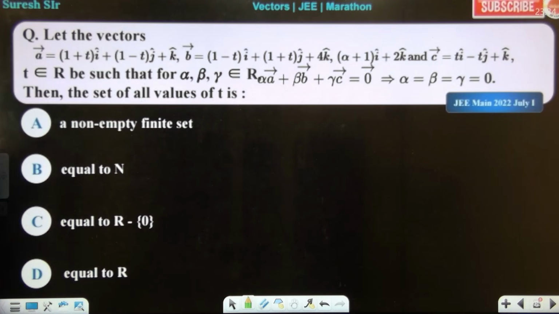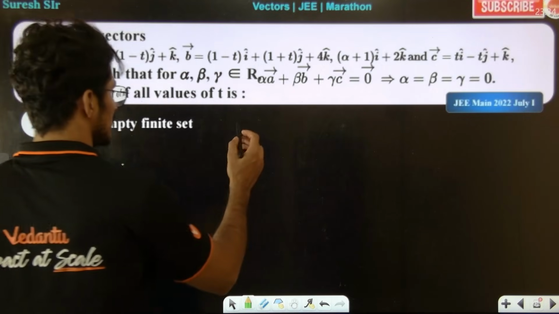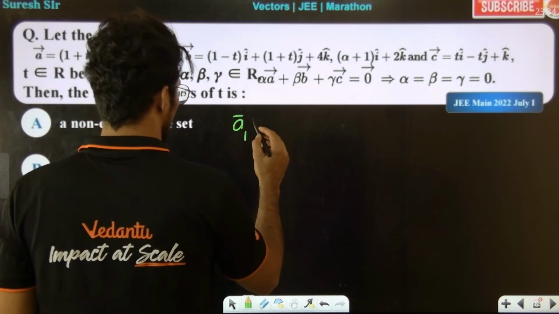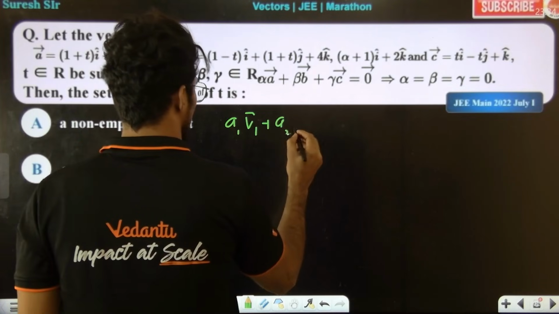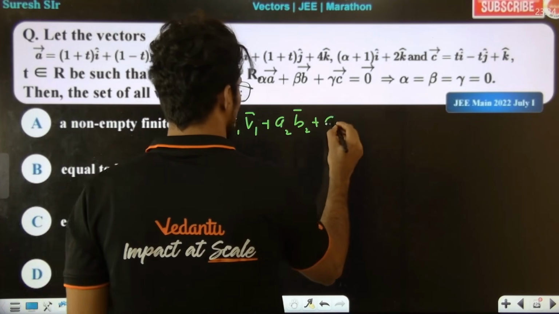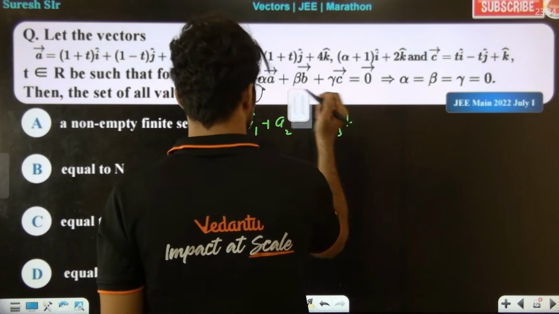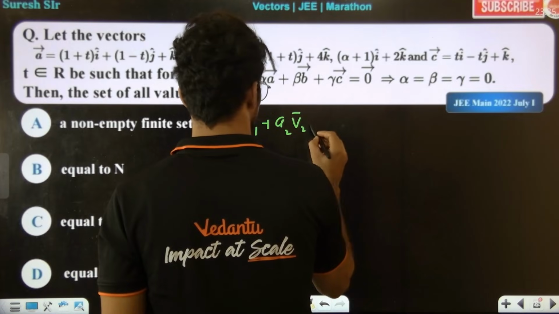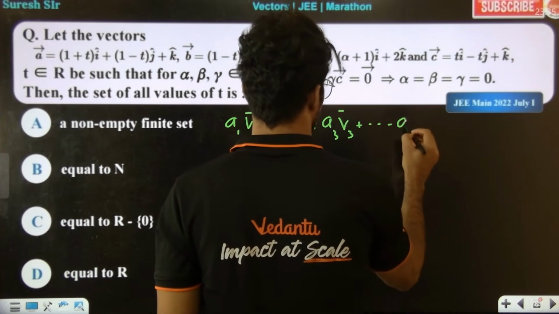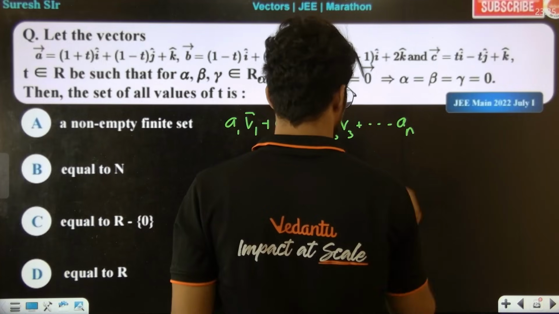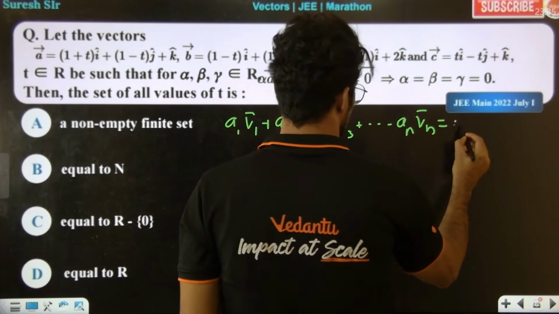Basically, let me take vectors like this: a1 into v1 vector, a2 into v2 vector, a3 into v3 vector, and so on till an into vn is equal to 0.